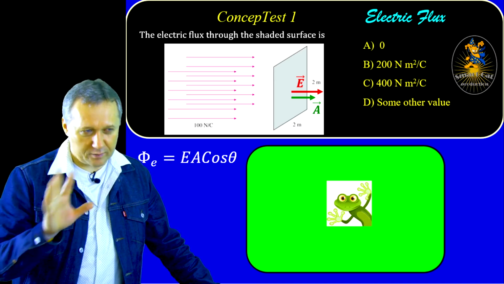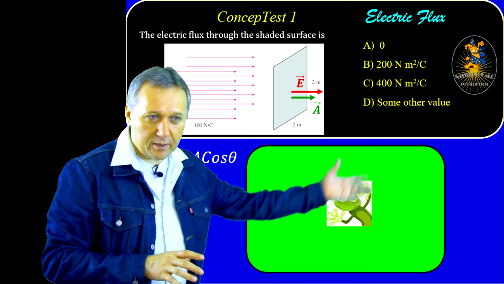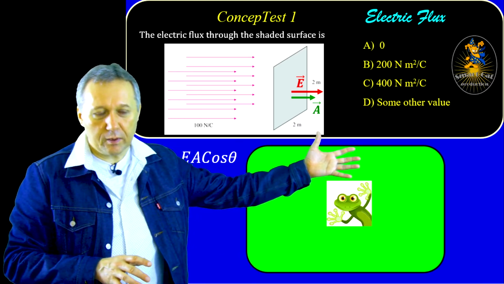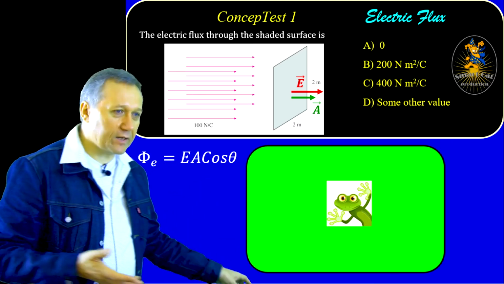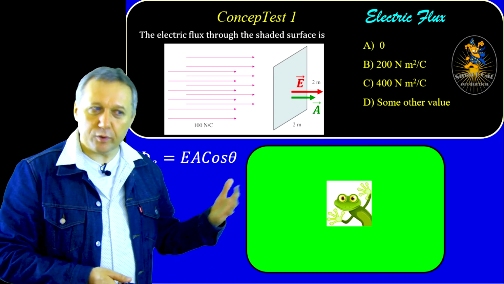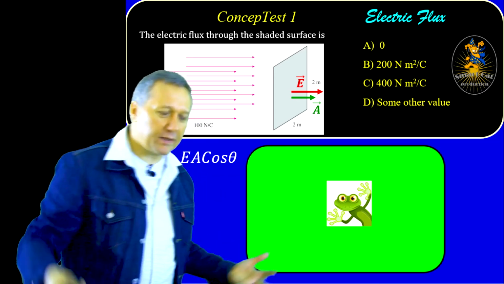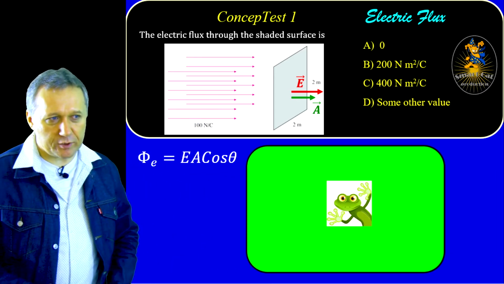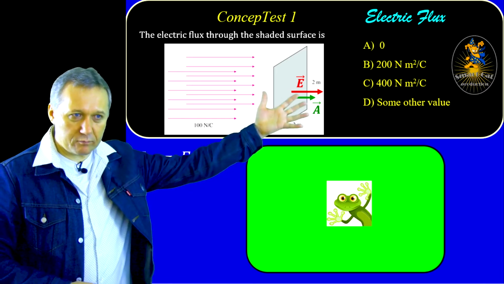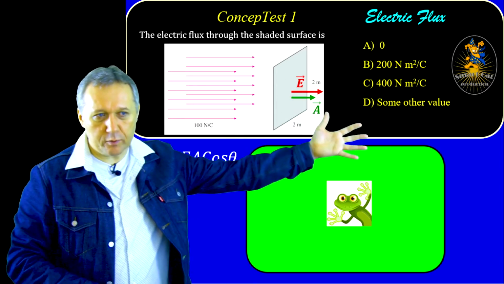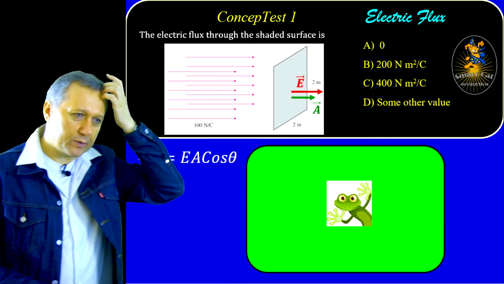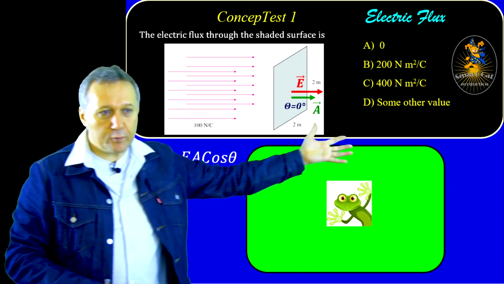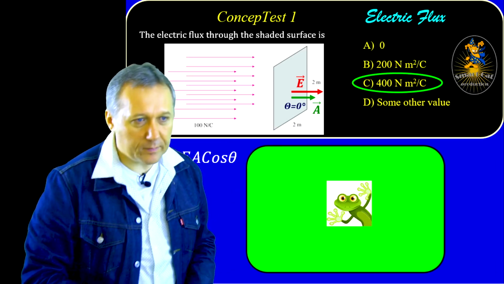But electric flux, no. Since not many people in everyday life use it, there is no point in piling up new special units. So whatever you see in the formula, newtons divided by coulomb times meter squared, the answer is, of course, 400.